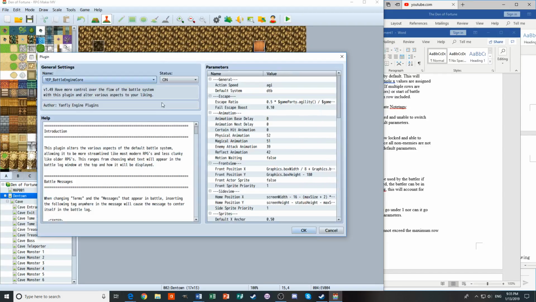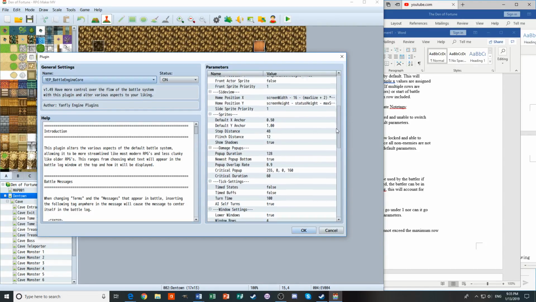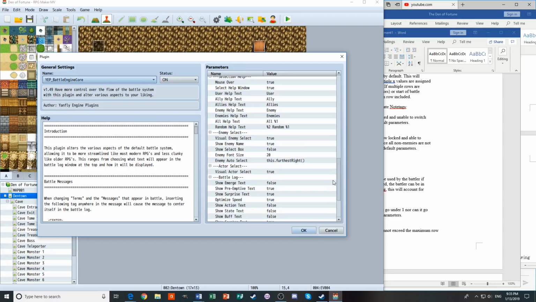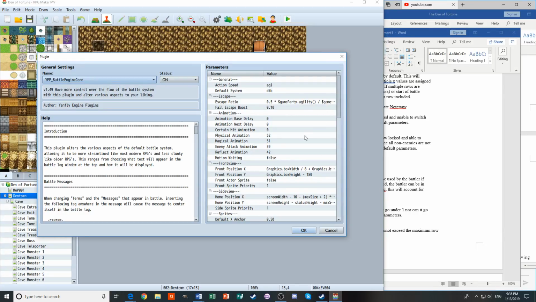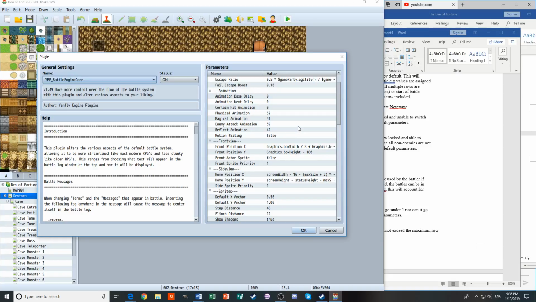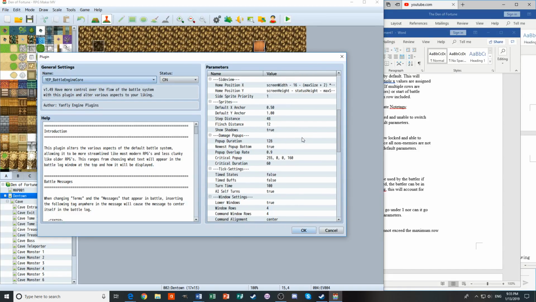Battle engine. I have some questions, because that was very, very slow. I don't see a way to modify that right off the bat, so I guess that's something I'll worry about later.